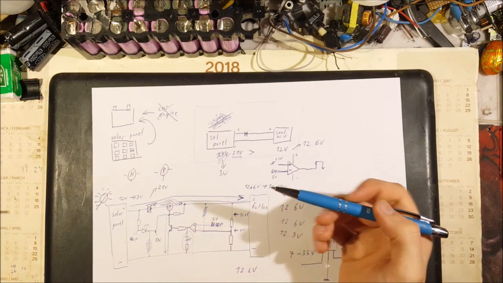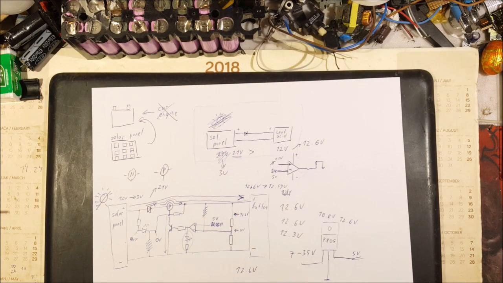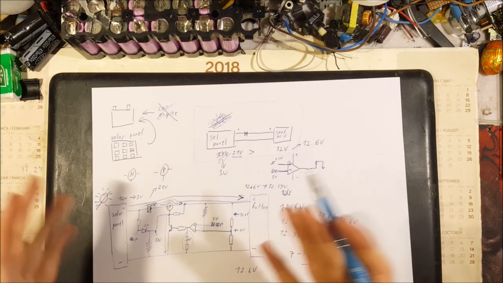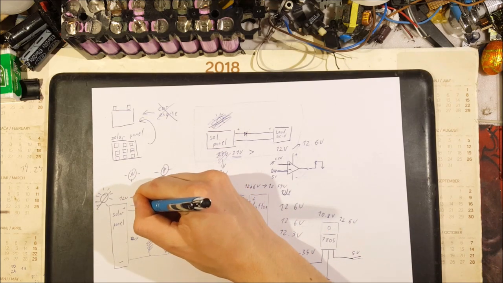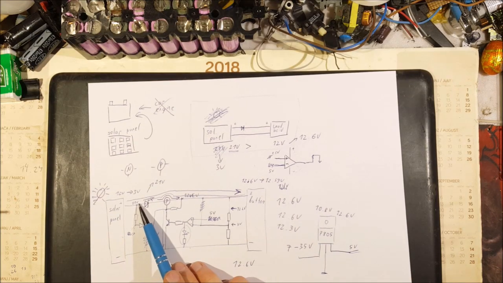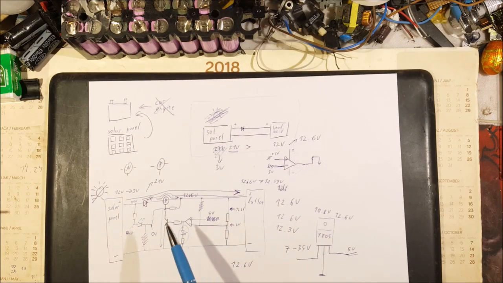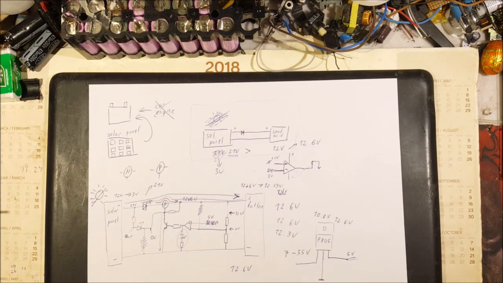Our battery will remain at 12.6 volts, and the circuit will work just fine. The issue I just noticed is that if there is 21 volts on this point, that means that there will be small amount of current flowing from this point through our resistor, through the diode, through this resistor here, even though this MOSFET is not open.